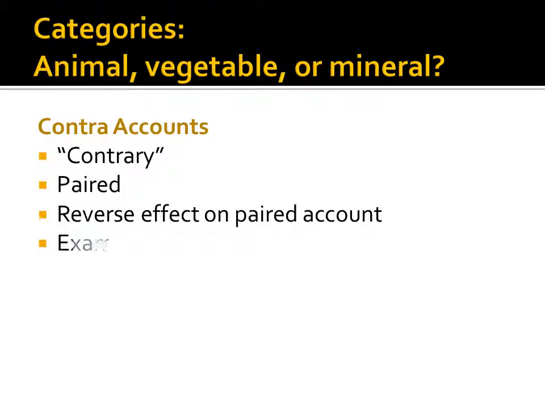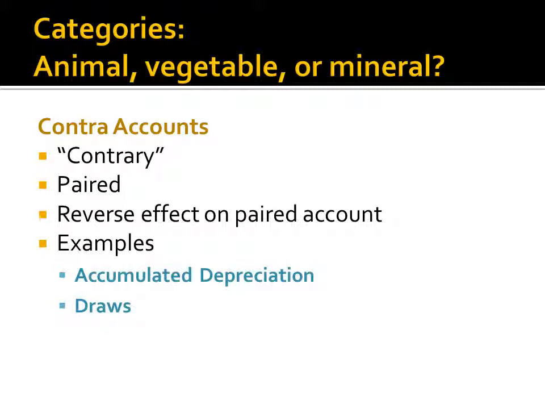So an example would be accumulated depreciation. When we depreciate an asset, instead of just decreasing the asset on the books directly, we have this sub-account, this contra account, and we accumulate the reduction of value, if you will, of that asset in accumulated depreciation account.